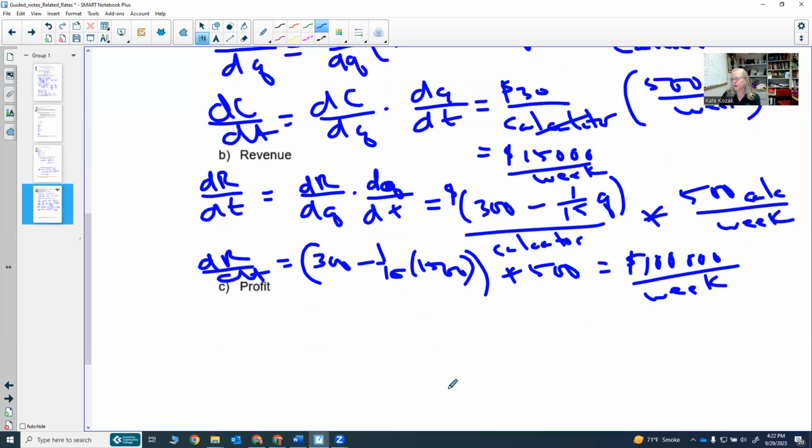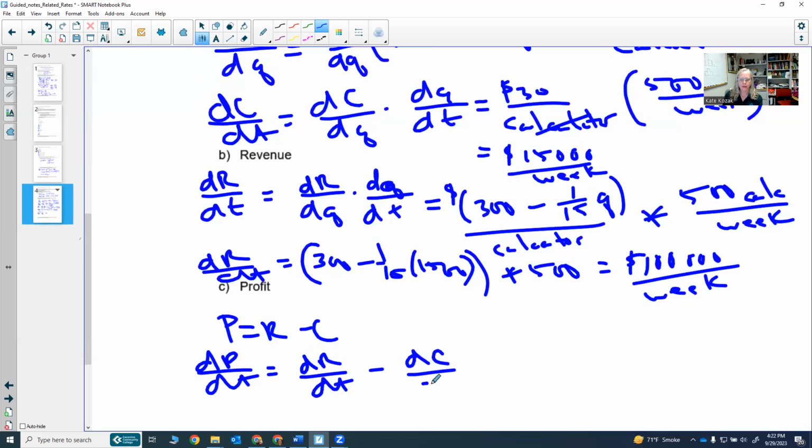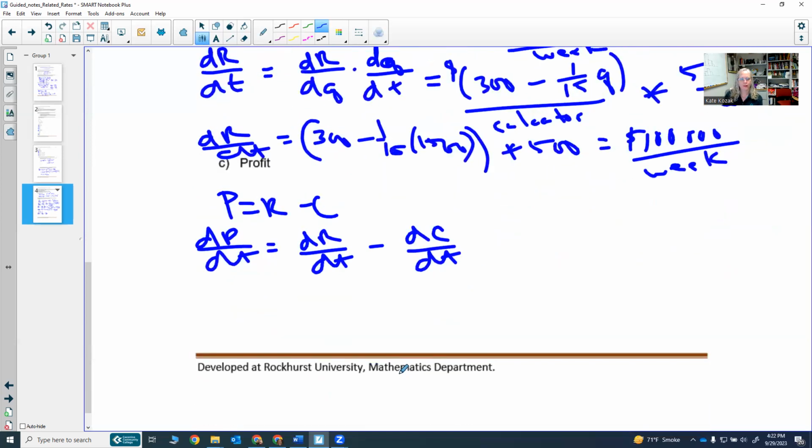For profit, the easiest way to do this is, remember, profit is equal to revenue minus cost. And so you want to find dP/dt, which is just equal to dR/dt minus dC/dt. And you know what those already are, so all we have to do is subtract them.